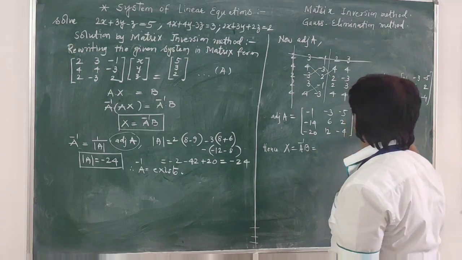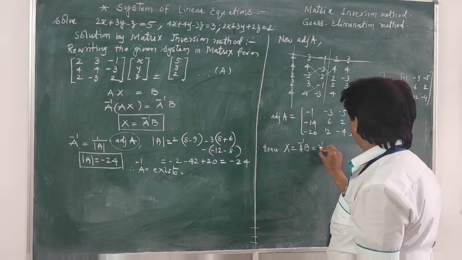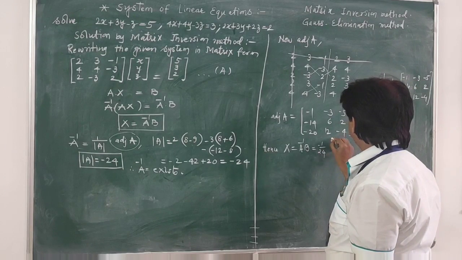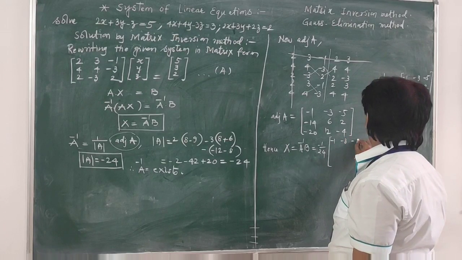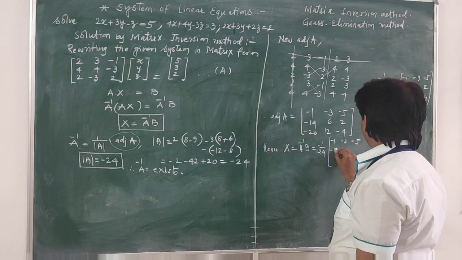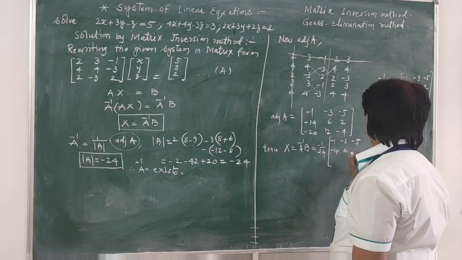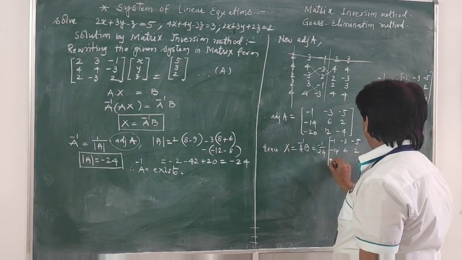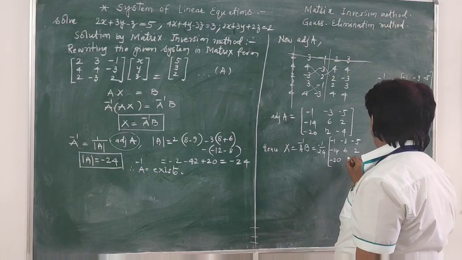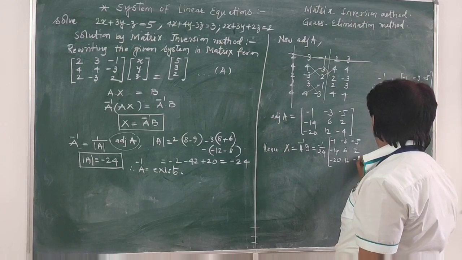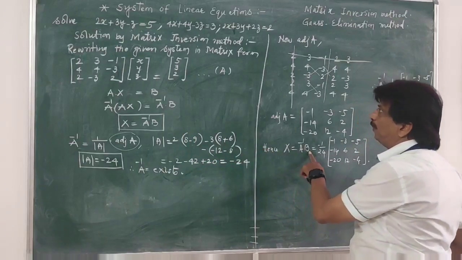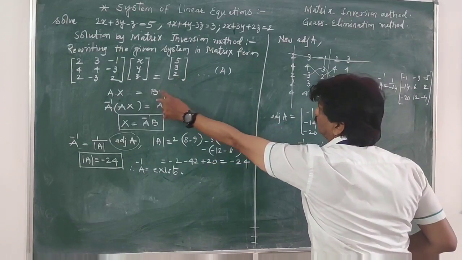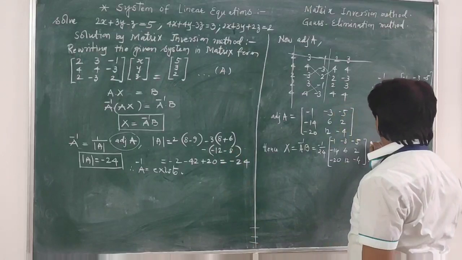A inverse we have just found. It is minus 1 upon 24 times the adjoint of A, multiplied by matrix capital B, which is the 5, 3, 2 column matrix.